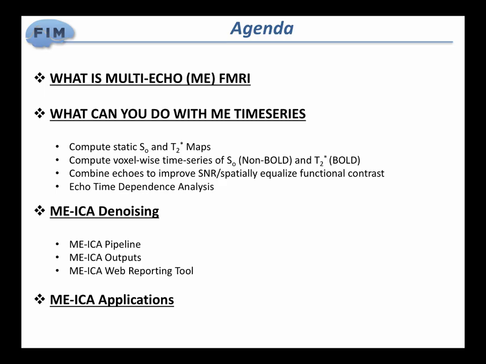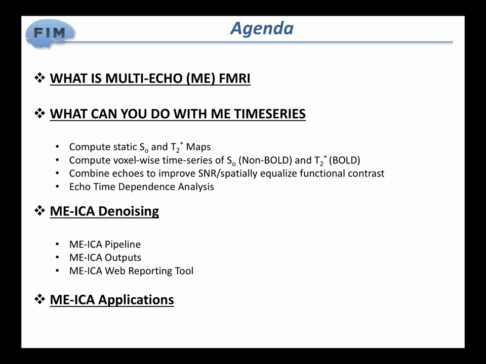The talk is divided into a series of sections. I will start by introducing what multi-echo fMRI is. Then we'll talk about once you have this other way of acquiring your data. The main difference is we're gonna get more data than we normally do.